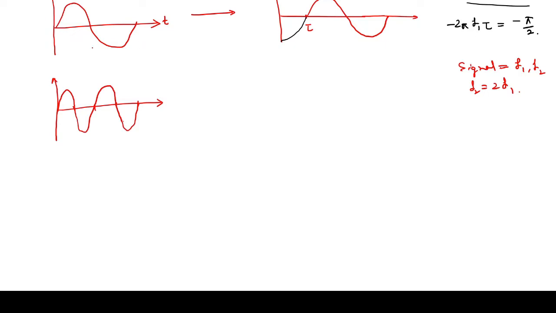Now within this one cycle of the previous one, I am having two cycles. Now again let us delay this by the same format, like this.